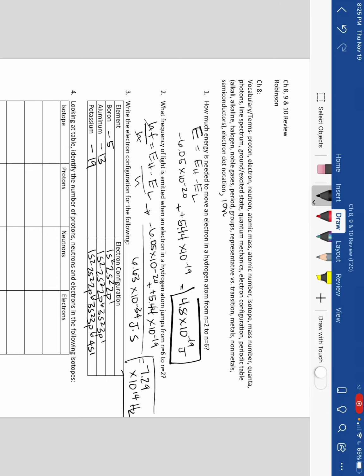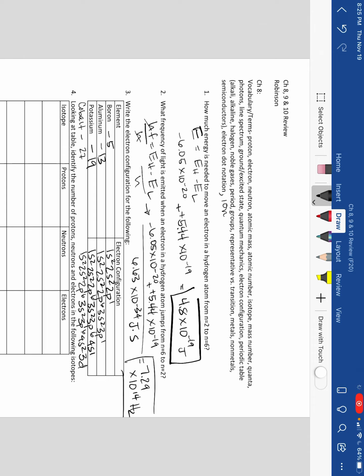Okay. So remember, if I give you an example, like let's say I gave you cobalt. Cobalt is number 27. You have to do it a little bit different. You go 1S2, 2S2, 2P6, 3S2, 3P6, 4S2, and then 3D.